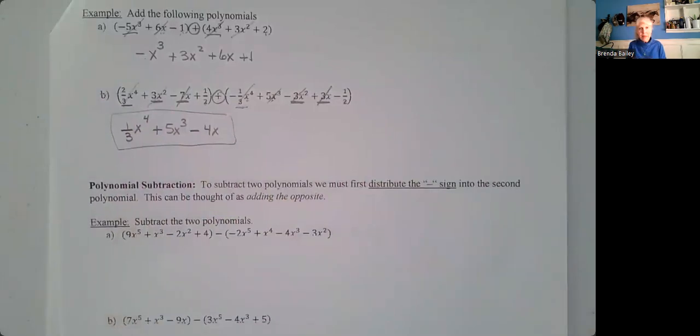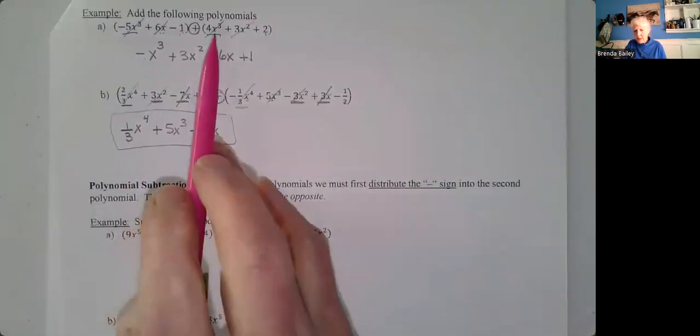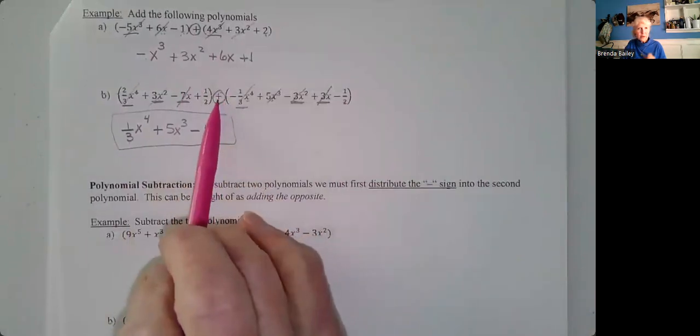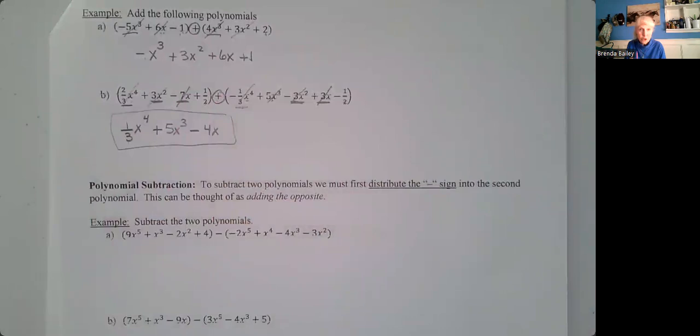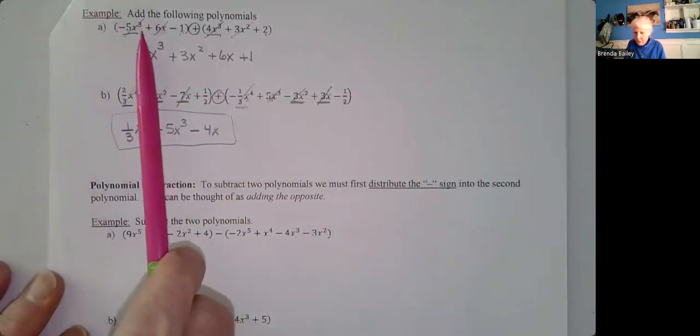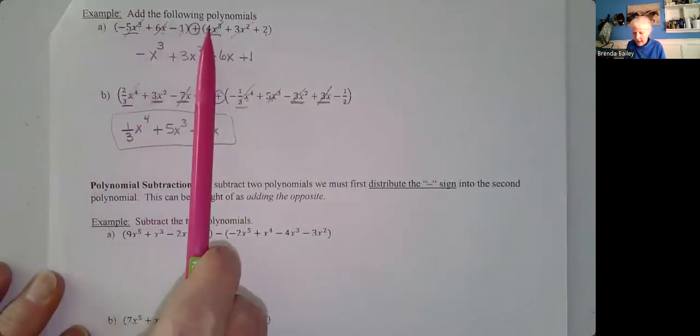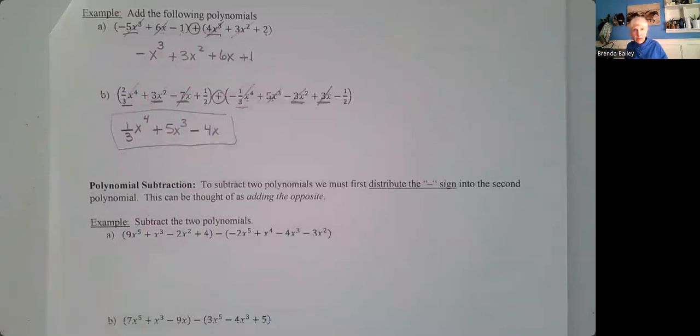All right, so that's kind of a quick rundown. We're going to keep working on combining like terms. But what we're now going to do is, rather than have a plus sign, where you can ignore the parentheses and combine like terms when their variables and exponents match, and combine the coefficients in front.